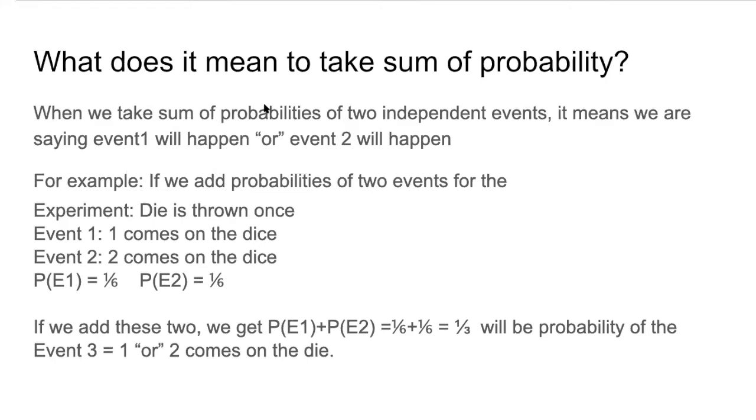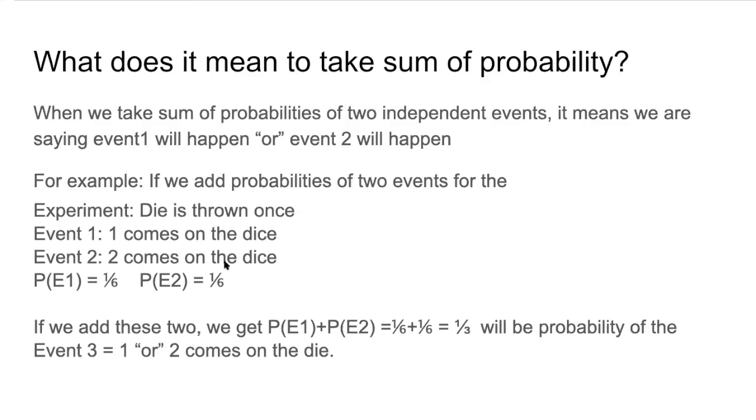If we add the probabilities of event 1 and event 2, then we are saying either event 1 will happen or event 2 will happen. Okay, let us see an example, we'll understand better. If we add the probabilities of two events for this experiment, that is, the dice thrown once, what are the two events we are adding? Event 1 is 1 comes on the dice, event 2 is 2 comes on the dice.